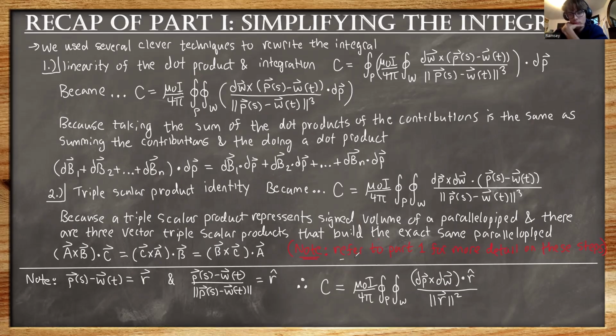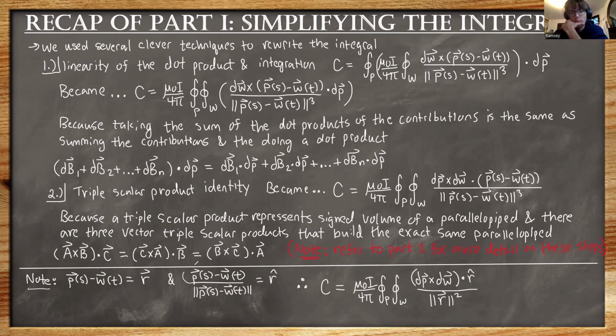So, and I'll just say it for anybody watching the video, if you want more details on those steps, refer to part 1. And then another note here, because as we discussed, p vector as a function of s minus w vector as a function of t is really just a way to write the separation vector between that point on the wire that's causing a magnetic field contribution and the amp loop path itself.